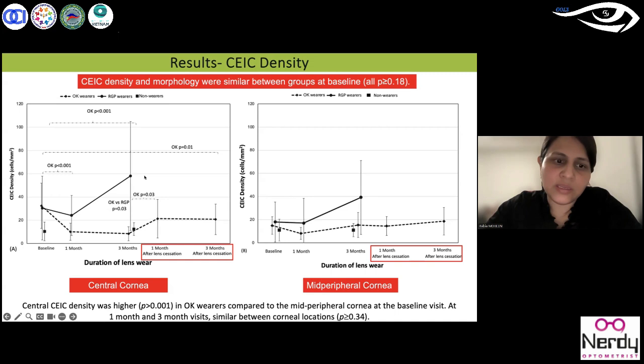They started to recover when the lens was stopped, but cell density after 6 months was still significantly reduced from baseline. So what this means is that the cornea did not achieve the status of a normal healthy cornea. So the immune cells remained decreased, and we did not find any difference in the other two groups.